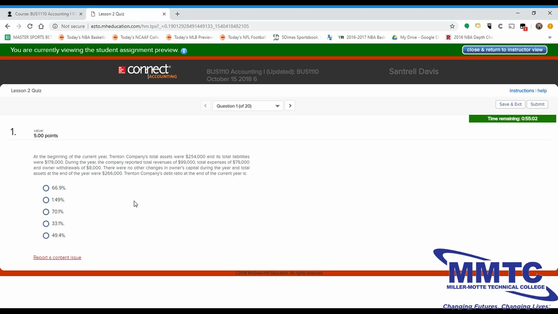So 266K minus 12K gives us the difference we're looking for: total liabilities. What's that number? 254. So 254K is our total liabilities for the year. Now let's plug it into the formula: 254 divided by 266.